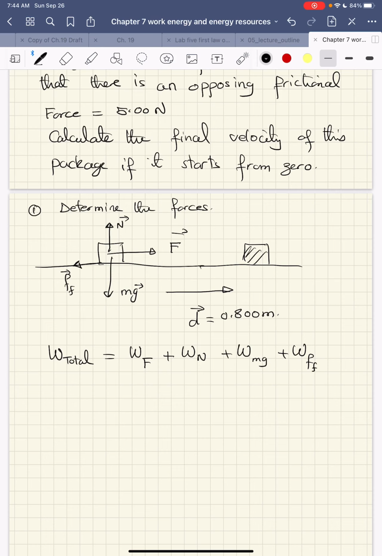Now, work of normal and work of mg equals 0. The reason is this is normal at 90 degrees to D and this is mg at 90 degrees again. Then both of them are not going to do any work. This is 0 and this one is 0.